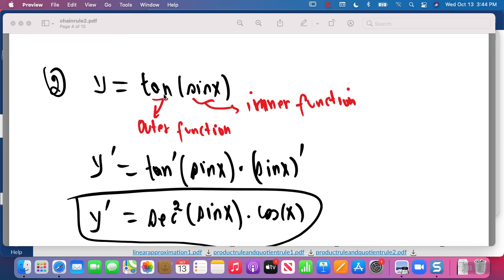The derivative of tangent is secant squared. Then you evaluate secant squared at sine x, so you plug in sine x and get secant squared of sine x times the derivative of the inner function. The derivative of sine x is cosine x. So the derivative of tangent of sine x is secant squared of sine x times cosine x.